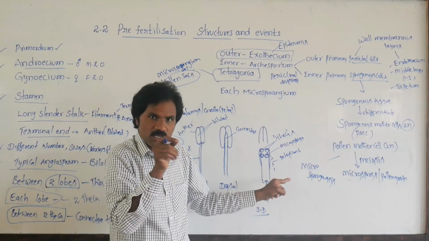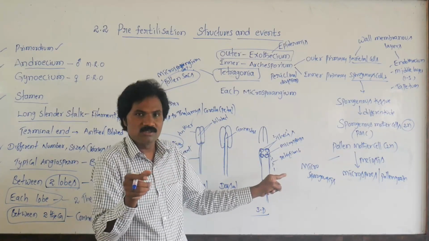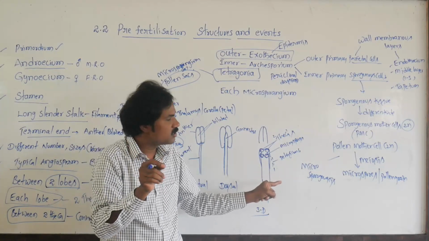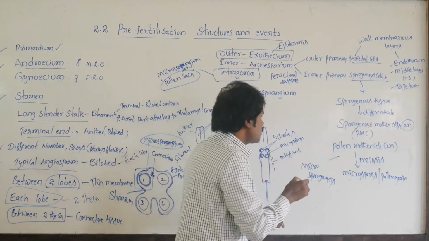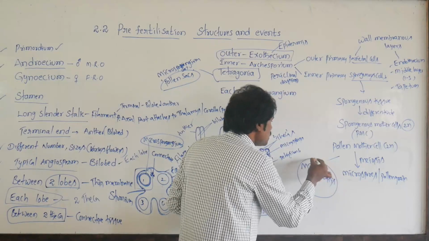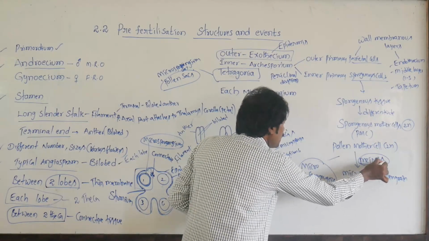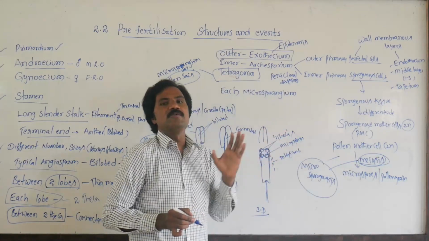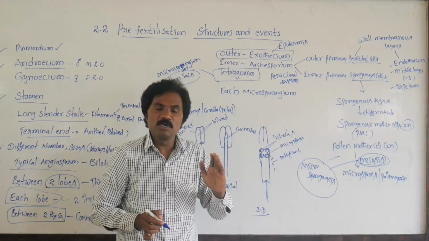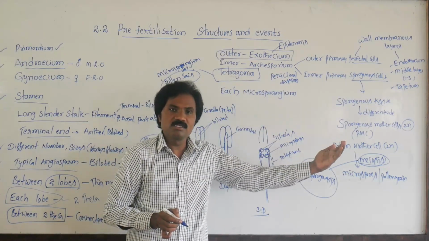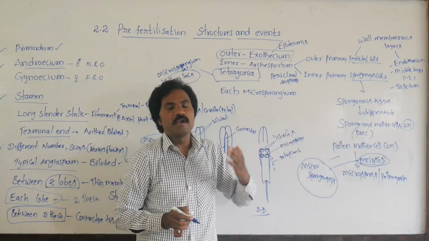They will give options: either meiosis, mitosis, or both. Then you write the correct answer: meiosis cell division. So microsporogenesis involves meiosis cell division. That is most important. Meiosis, because the mother cell is in a diploid condition.